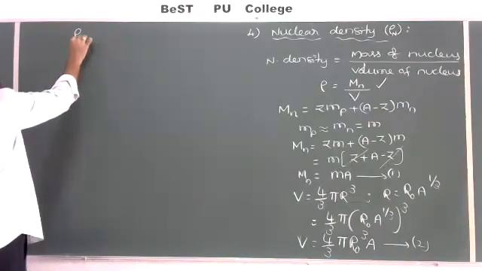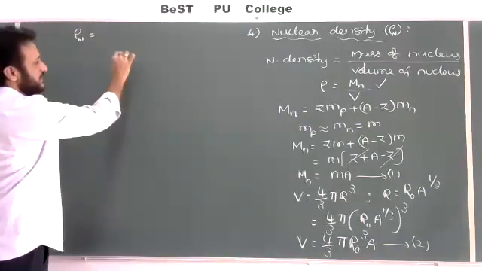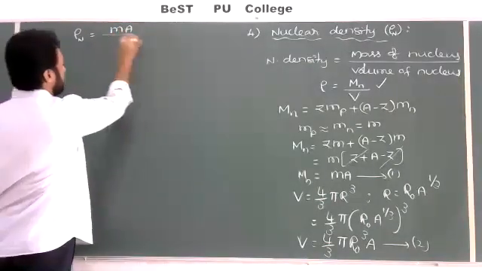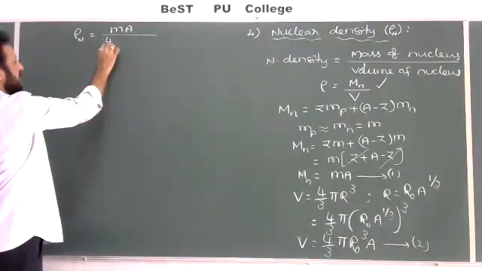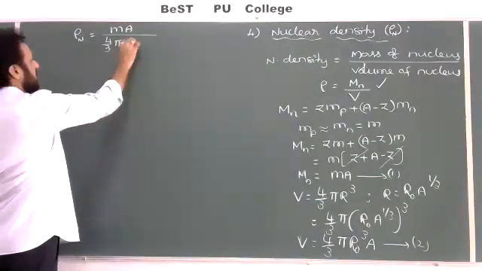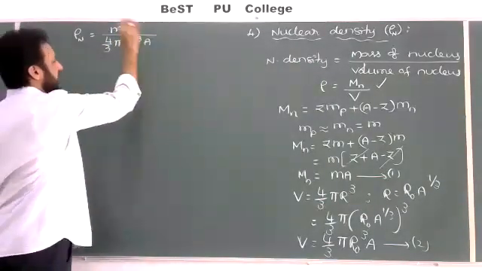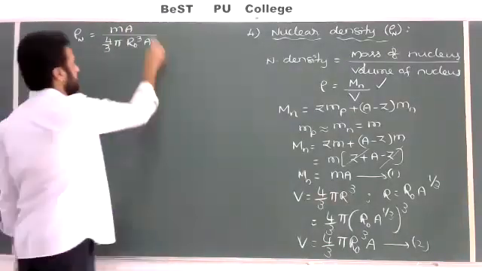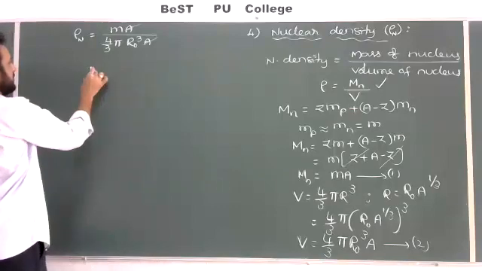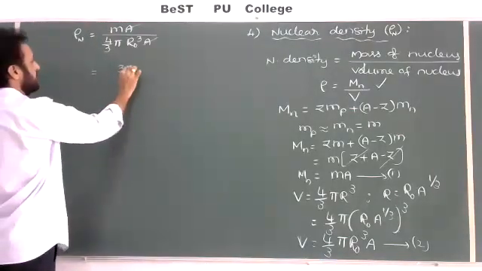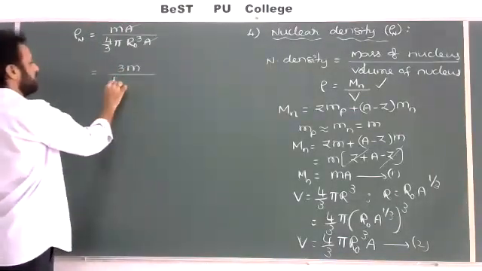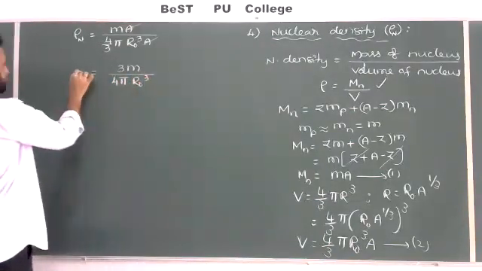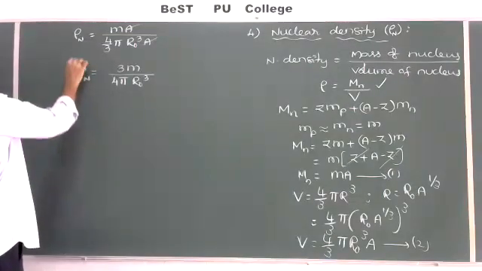Therefore, nuclear density is equal to mass of the nucleus, which is m A, divided by volume of the nucleus, which is 4 by 3 pi into r naught cube into A. Cancel A in numerator and denominator and take the 3 to the numerator. Therefore, 3 into m divided by 4 pi into r naught cube. It is the density of the nucleus formula.